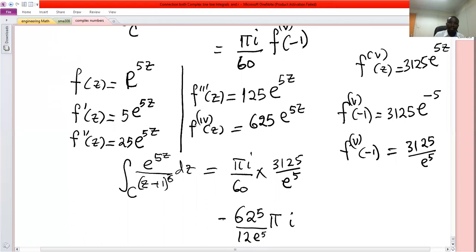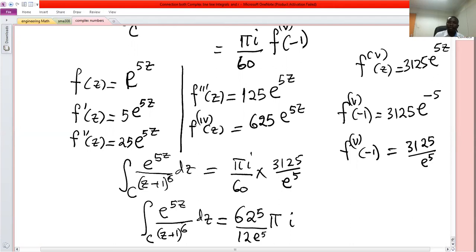But then this is a general one. Now, this is a correct value depending on whether the point z equals -1 is within or on the circle or outside the circle specified.